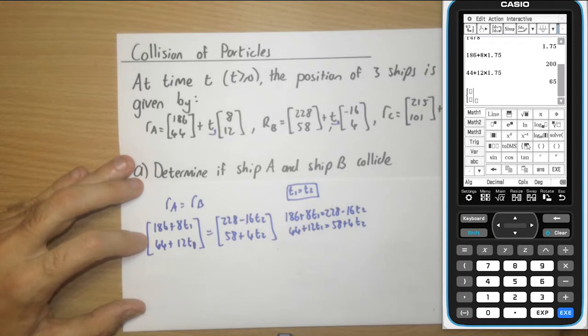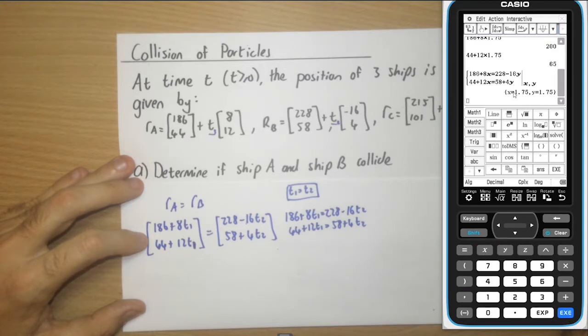So if we set it up in the class pad, I'm going to have 186 plus 8, I'm going to call t1 x, and that's got to equal 228 take away 16y, and we want to make sure that we've got 44 plus 12x equaling 58 plus 4y, and we're solving it for x and y.